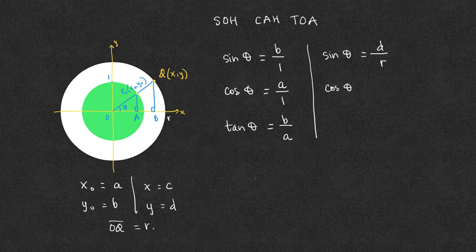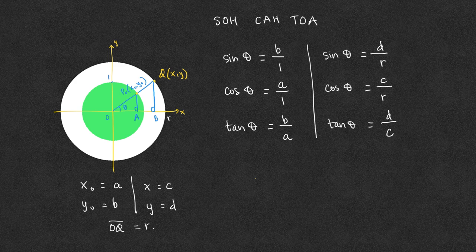Cosine of theta using the larger right triangle, the adjacent is OB, which is x, but x is c, over the hypotenuse, which is r. And tangent of theta is the opposite, which is d, over the adjacent OB, which is c.